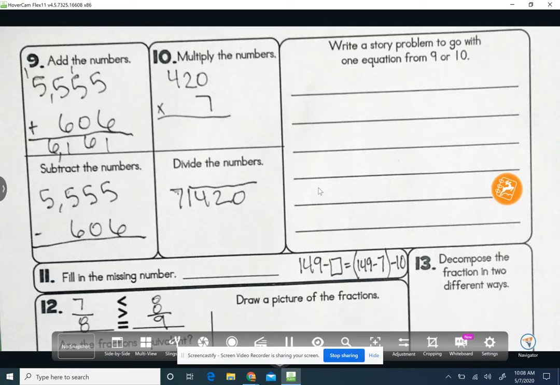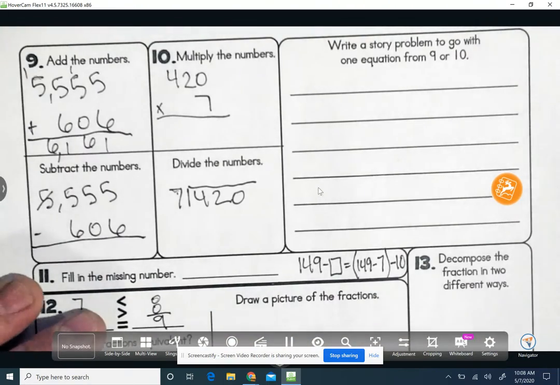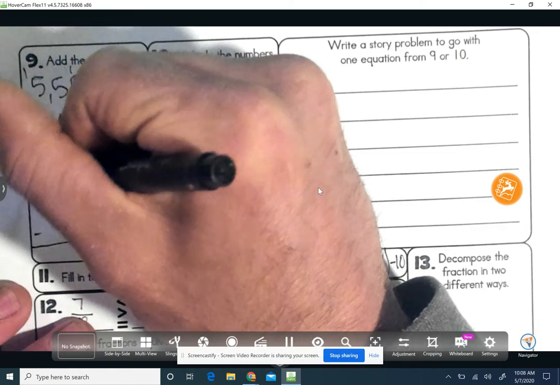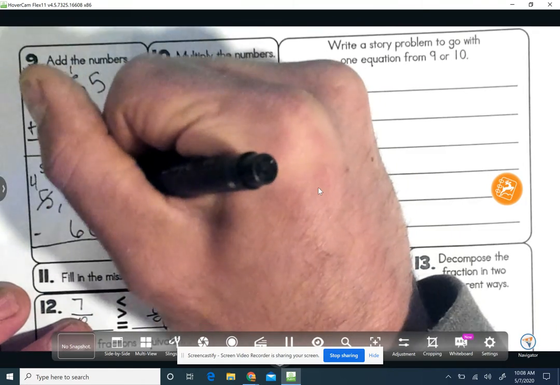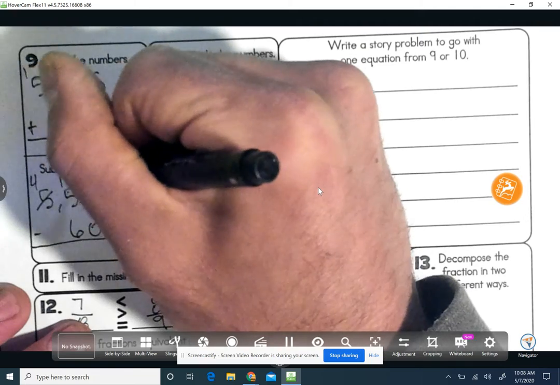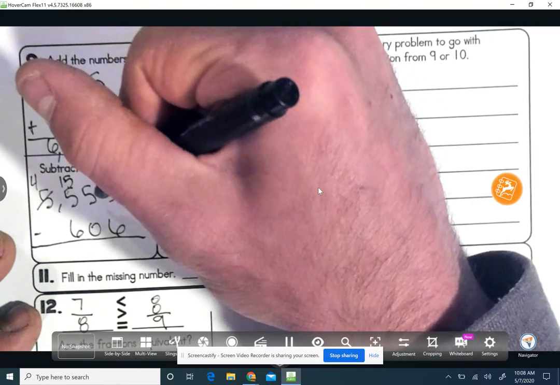I know I'm going to be regrouping. Start over here at the thousands place. I'm going to borrow 1,000 from the 5, leaving 4 thousands left. I'm going to regroup that so that I have 15 hundreds. I am going to look at this 5.